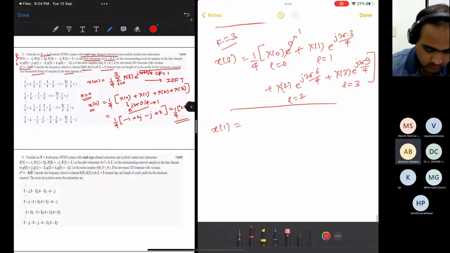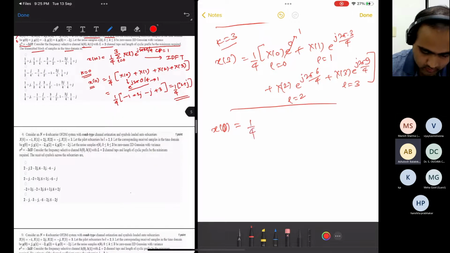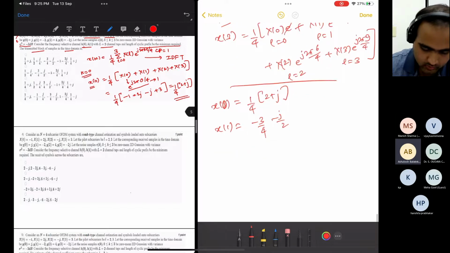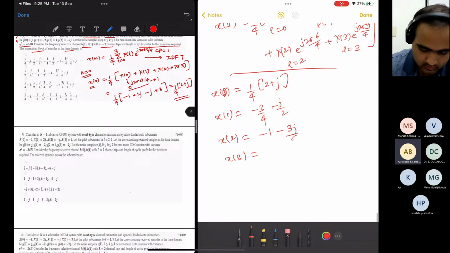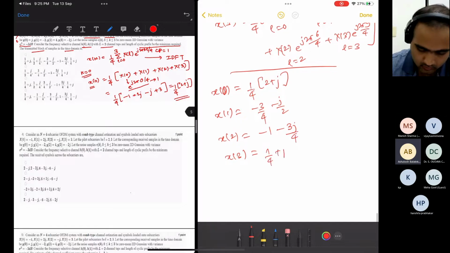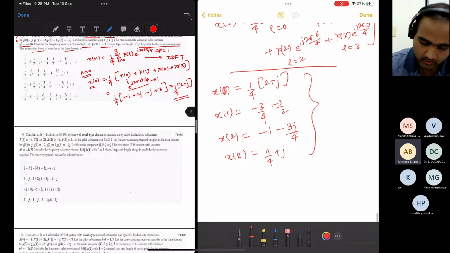We had in fact computed x of 0 here, which is 1 by 4 plus j. x of 1 is minus 3 by 4 minus j by 2. x of 2 is minus 1, and x of 3 is minus 1 minus 3j by 4, and you have 1 by 4 plus j. Okay, this is your time domain.